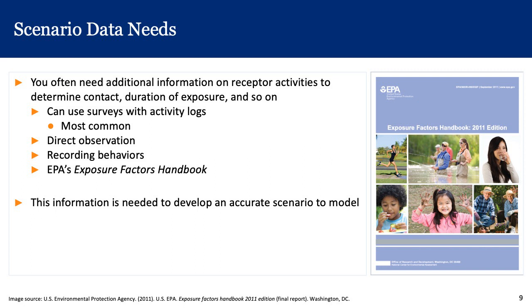If I have enough resources, it's possible that I go out and directly observe exposures in the field and document them. For example, I've participated in some exposure assessments where people are looking at registered pesticides and are interested in knowing how often children playing outside may come in contact with pesticides, and they'll actually go out and observe children playing outside and record their potential exposures.